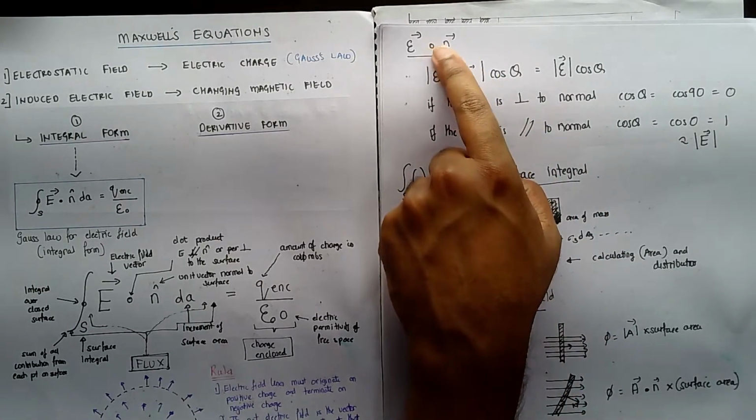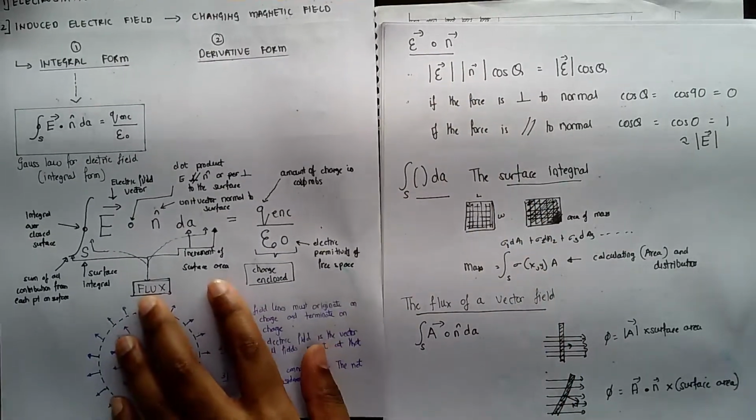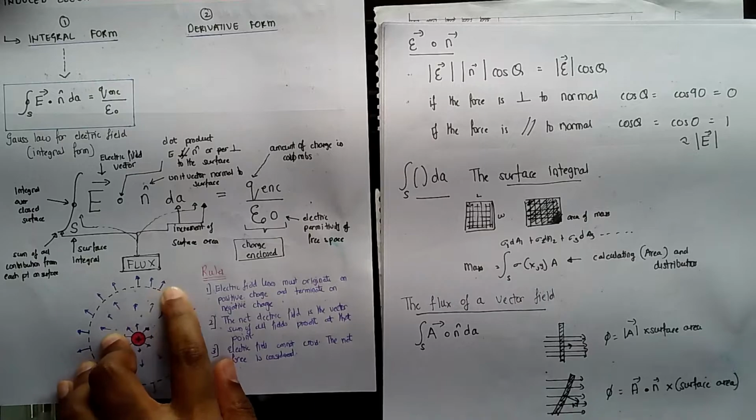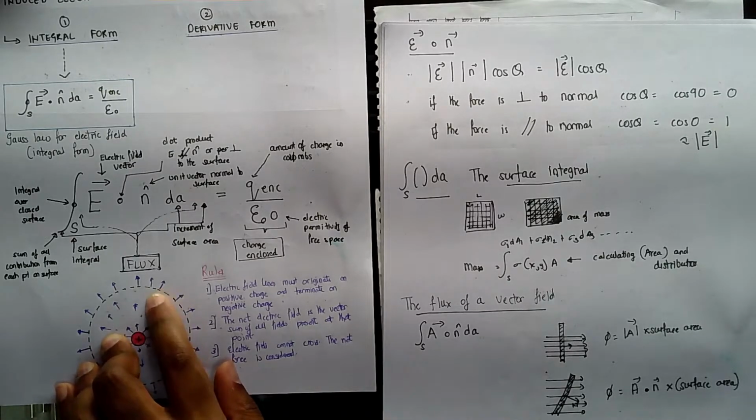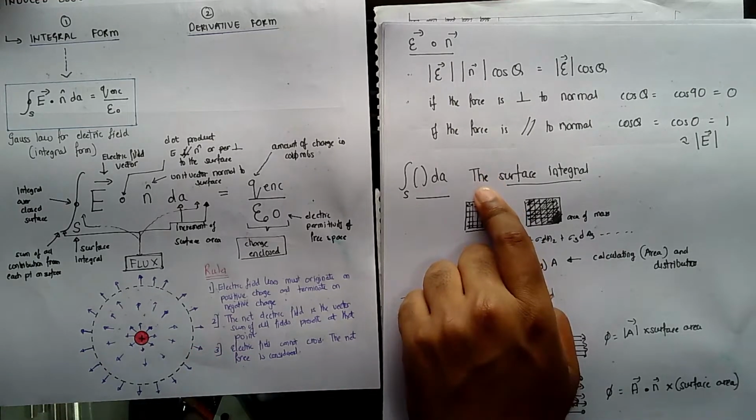So that's what this E dot N signifies: we're always trying to figure out the component of the field along the normal of the imaginary surface that we're trying to calculate.